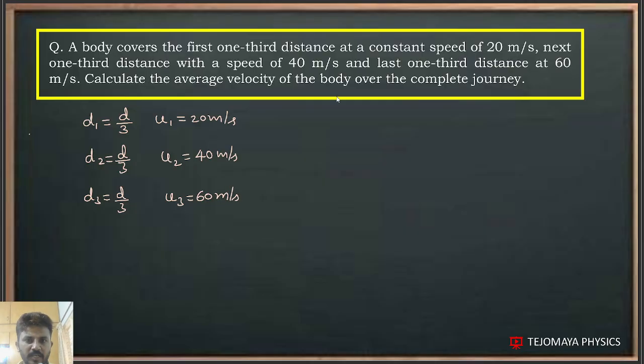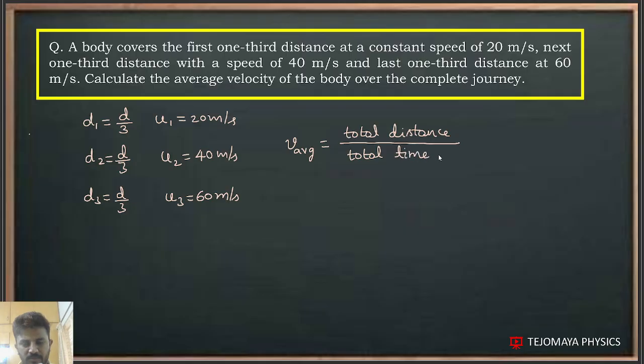Calculate the average velocity of the body over the complete journey. Average velocity is given by total distance traveled, or displacement, divided by total time.